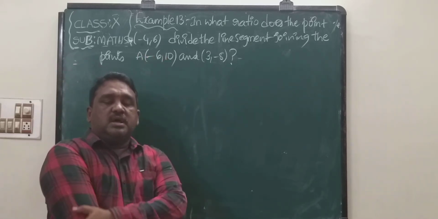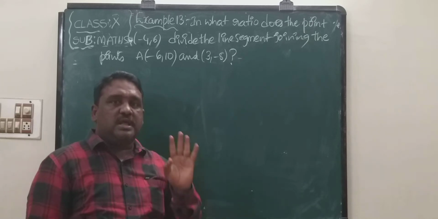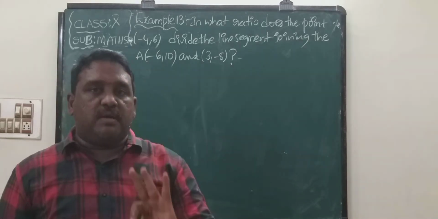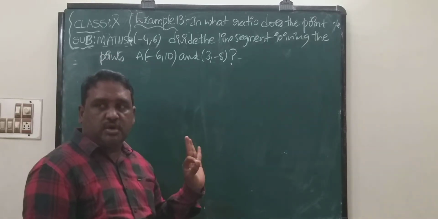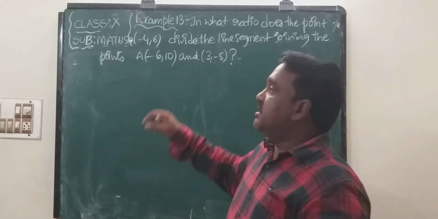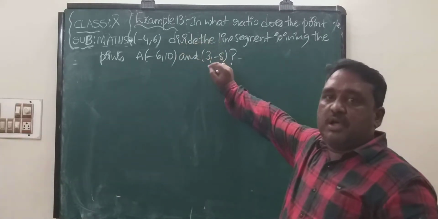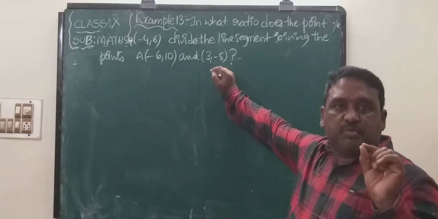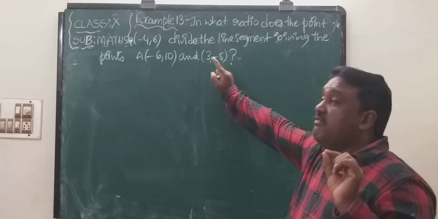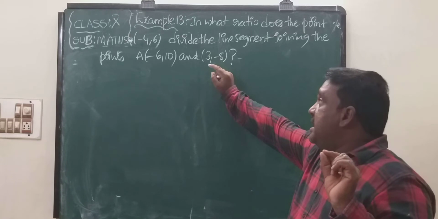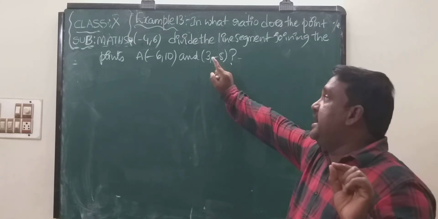Third point (3, -8). Totally three points are there in the problem. We need to find out the ratio. Then what is (-4, 6)? It is the dividing point.